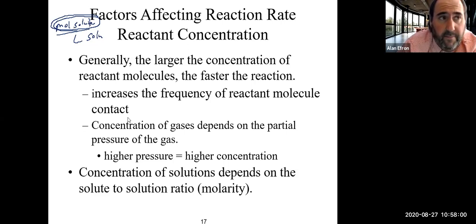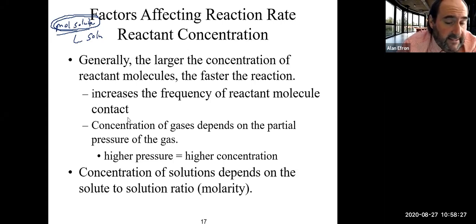If you had 0.2 molar sodium chloride, you would only have 0.2 moles in that 1,000 milliliters, or 1 liter, to react. It's going to take longer for them to find each other because there's just not as much of it there. So usually the larger the concentration, the faster the rate, because there's a higher frequency of them coming in contact with each other.